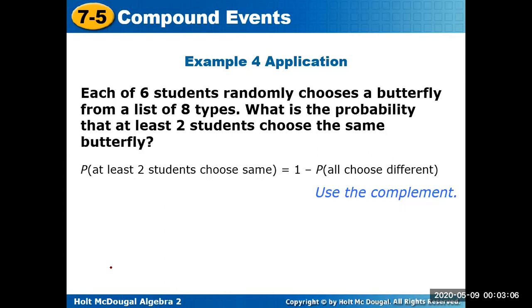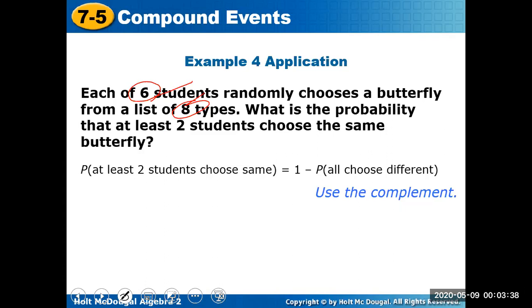So since we are doing selection here, 6 students are choosing from 8 types, right? So this is a permutation based question. Why is it permutation based?